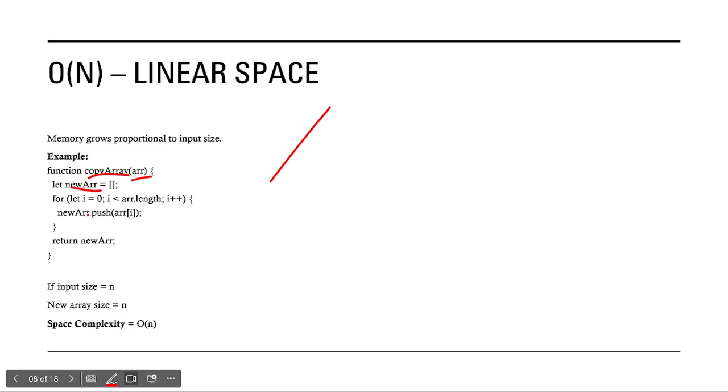Then we push every element into newArr by using this for loop, running from i = 0, i < arr.length. So if the input size is 5, the new array size becomes 5. If input size is 1000, the new array size becomes 1000. So extra memory grows linearly as the input size increases. So here space complexity becomes Big O of n. This is very common in the problems that come up.